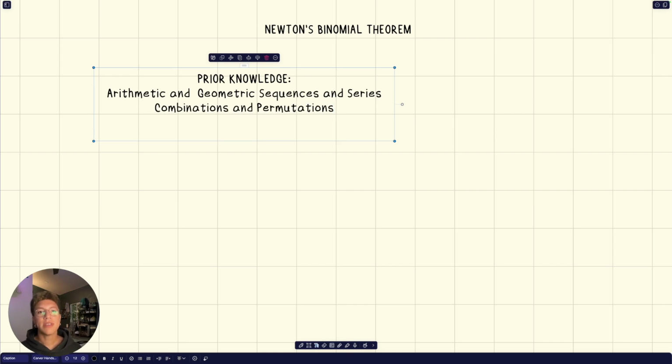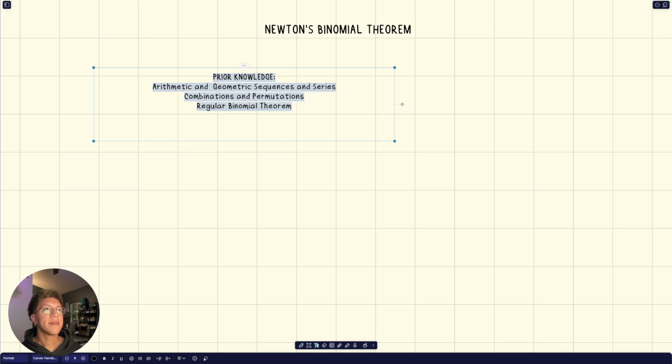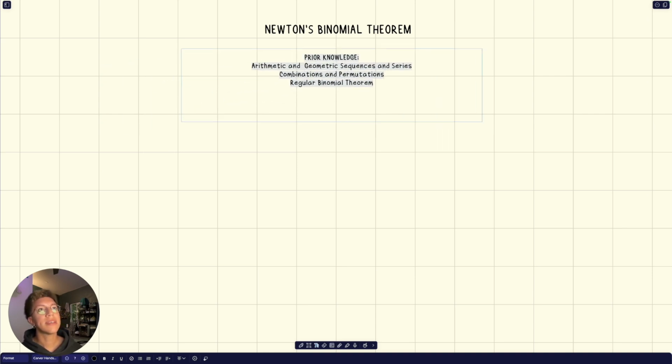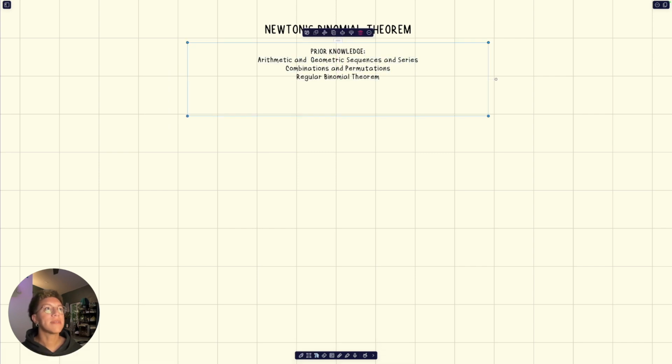And it would also be helpful if you were familiar with the regular binomial theorem, which is what we're going to start with actually. If you're not familiar with any of those three things, you might find it a little bit harder as we move through the content, but for the most part, we'll try to talk about those things a little bit if you haven't seen them in a while.